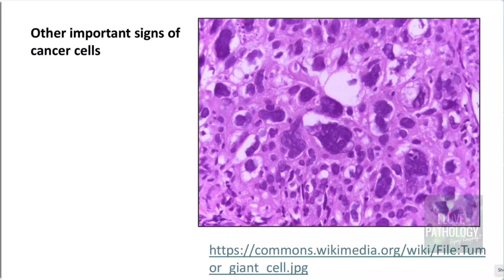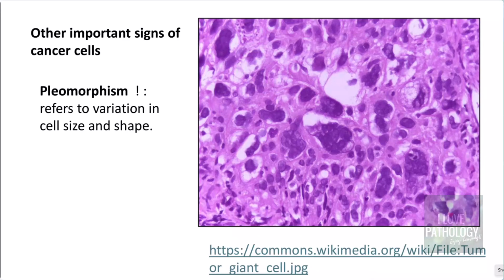There are other important signs of cancer cells when we talk about differentiation. The first important sign you need to understand is pleomorphism. As I told you earlier, pleomorphism refers to variation in the size and shape of the cell.